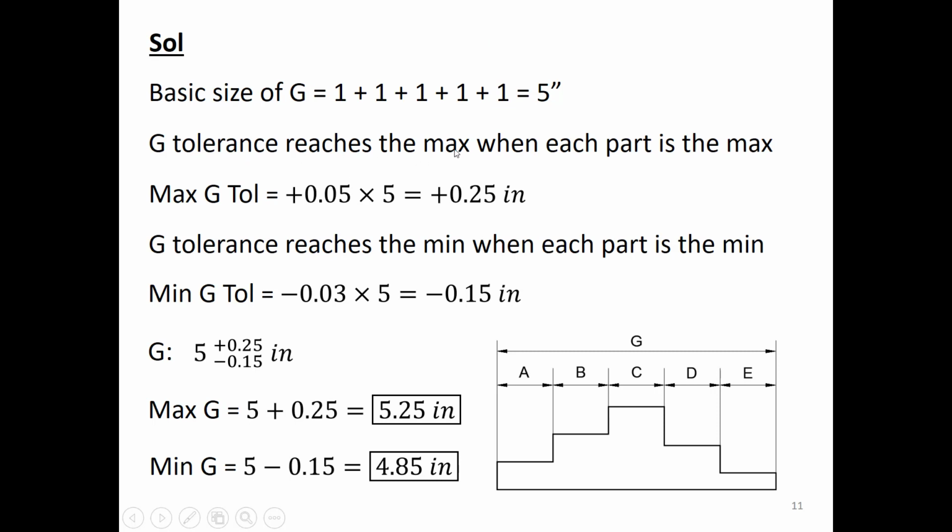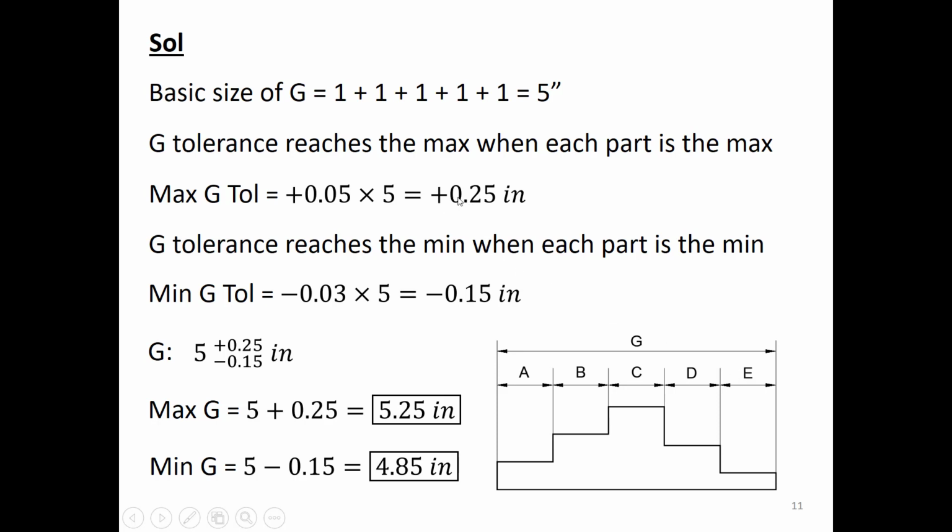So G is going to be the max when each part is the max. So the maximum tolerance of G is going to be 0.05 times 5 of them, since each one is 0.05.